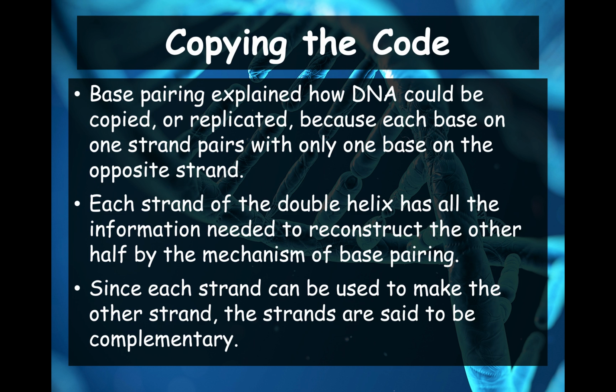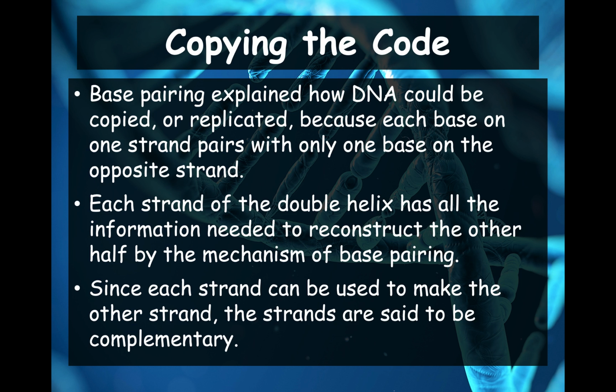And each strand of the double helix has all the information needed to reconstruct the other half by the mechanism of base pairing. So basically, if we know what one side is, we know what the other side is going to be. So we can take either side and make a new DNA strand, if that makes sense.